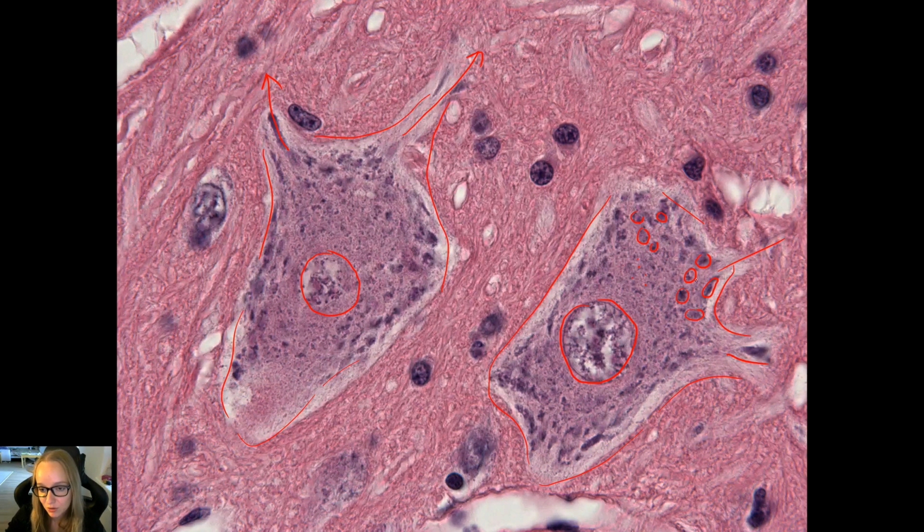So these are the groups of ribosomes, and in neurons we call them Nissl substance. Nissl substance represent accumulated ribosomes in the cell, basically.